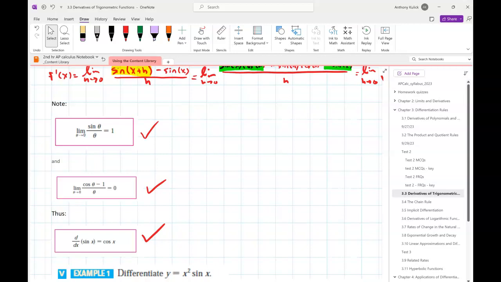We looked at that already. We proved that the limit as theta approaches 0 of cosine theta minus 1 over theta is 0. We just did that. And with those two parts, we're able to show that the derivative of sine x is cosine x.